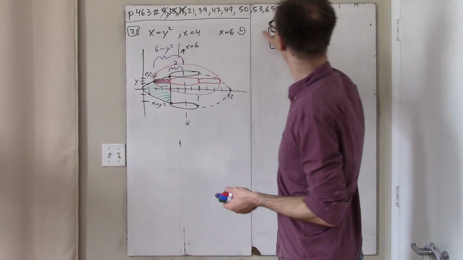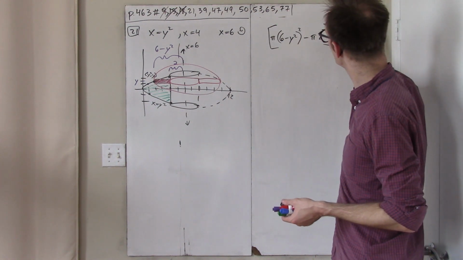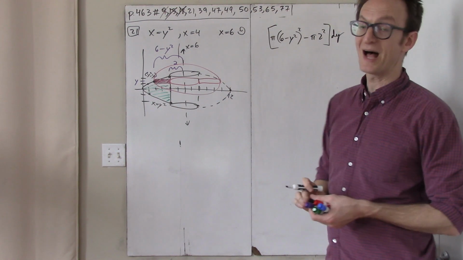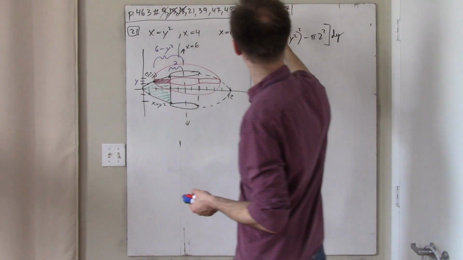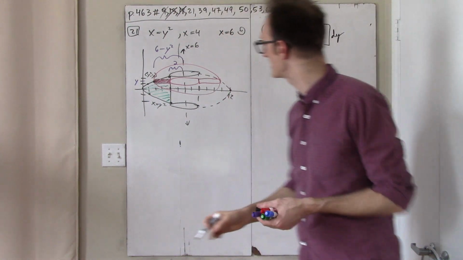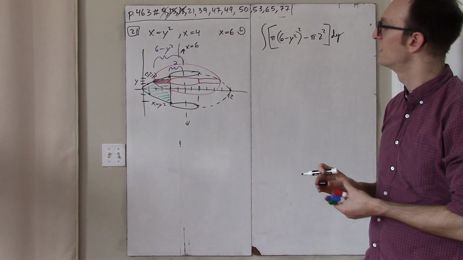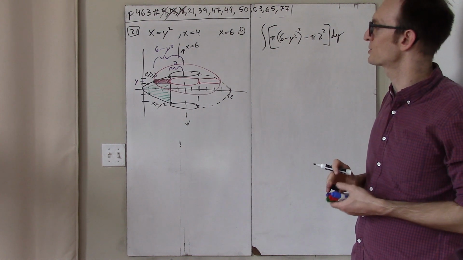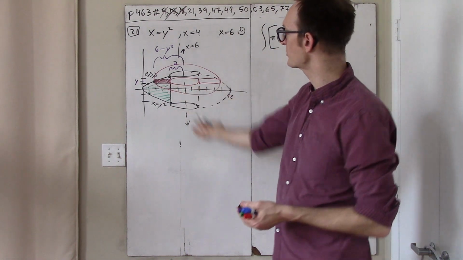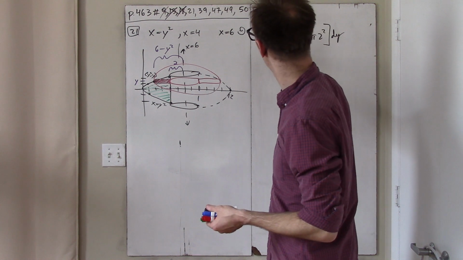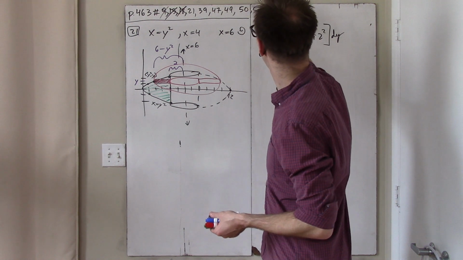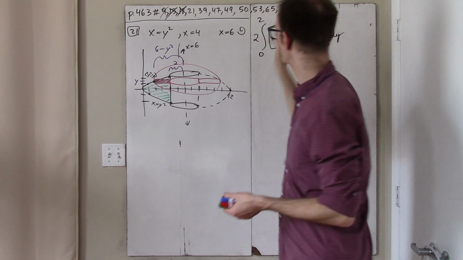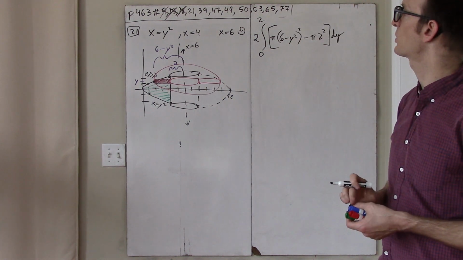You multiply that by the thickness dy to get the volume of one washer, and then you integrate up the y-axis to get the sum of the volumes of all those washers. Since it's completely symmetrical, I'm going to be smart and go from 0 to 2 and then just double it, because the parabola is totally symmetrical.